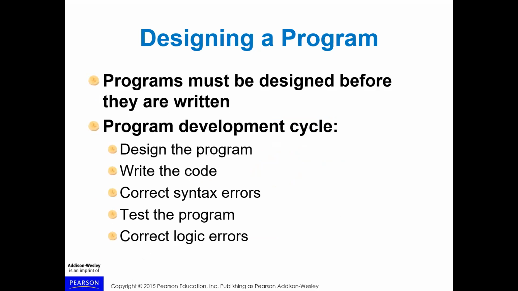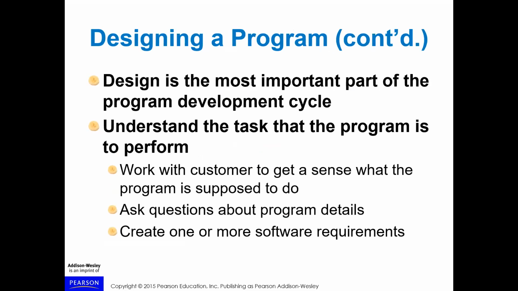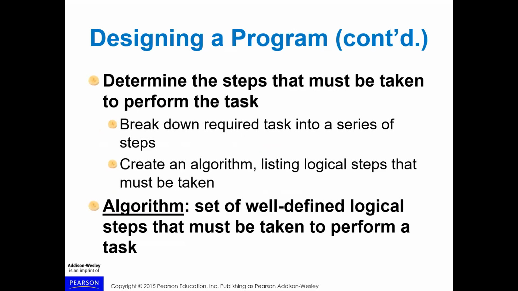All right, so designing a program again. More specifically, we've said that programs must be designed before they are written. So design the program, write the code, fix syntax errors, test the program, correct logic errors. We've talked about that. We've talked about what an algorithm is: a set of well-defined logical steps that must be taken to perform a task.